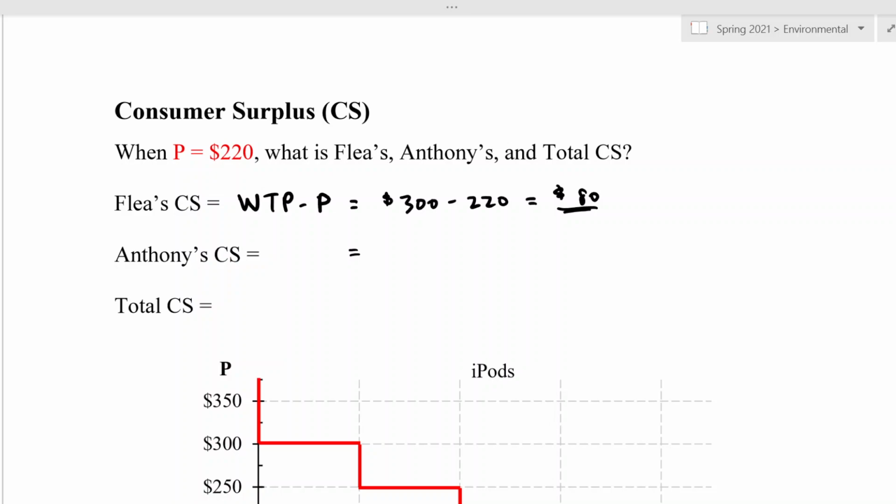And Anthony, he's willing to pay $250. He has to pay $220, so he's better off by $30. The total surplus is just the addition of everybody's surplus in the economy. We have 80 plus 30 for a total surplus of 110.